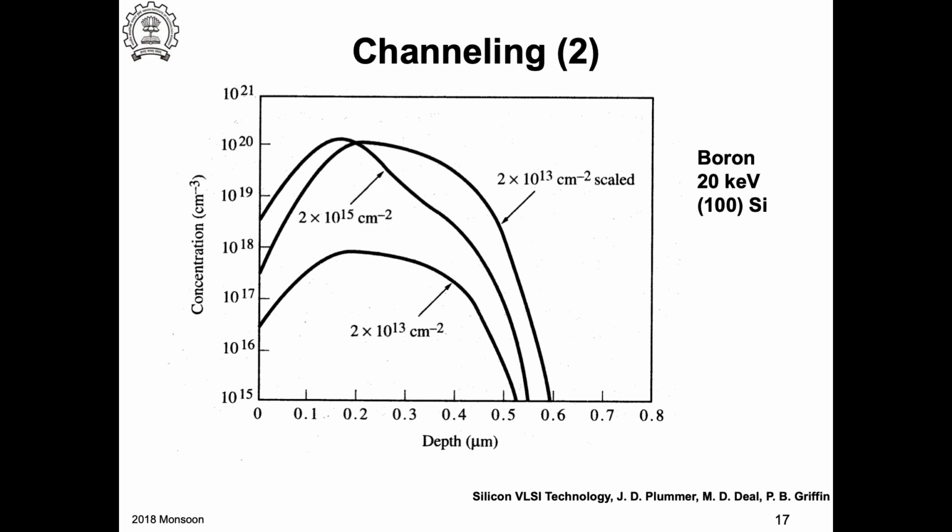Okay. Now, how do I model this? Because I may be able to deconvolute this into two types of profiles, right? If I take this, okay. So if I want to use the Pearson model, a 4-moment distribution would not be sufficient. So what is being done is a dual Pearson.